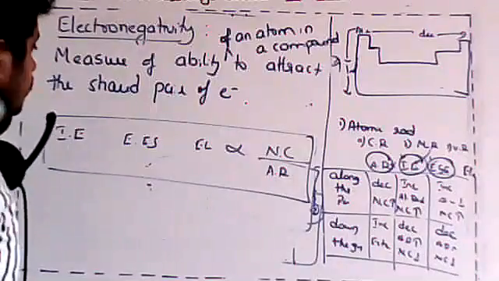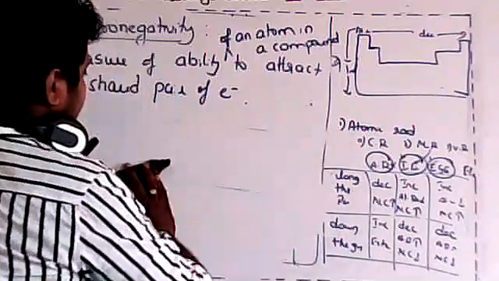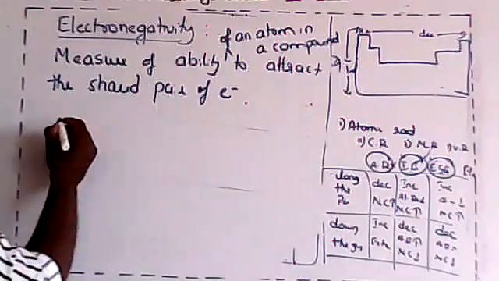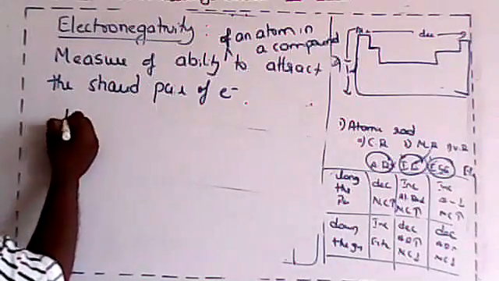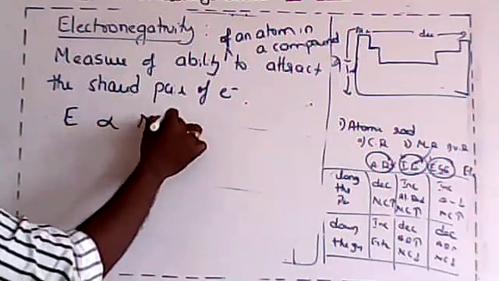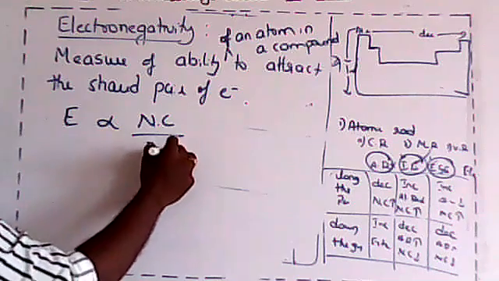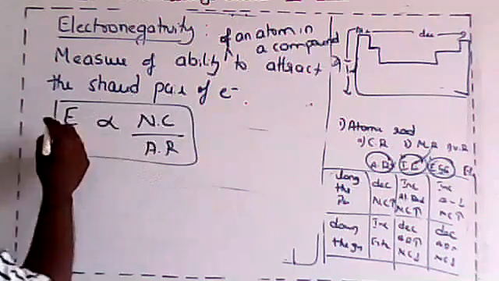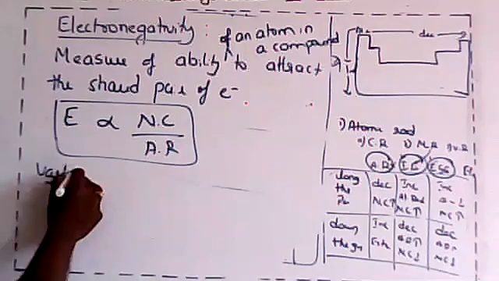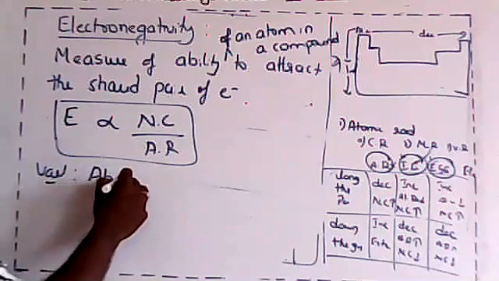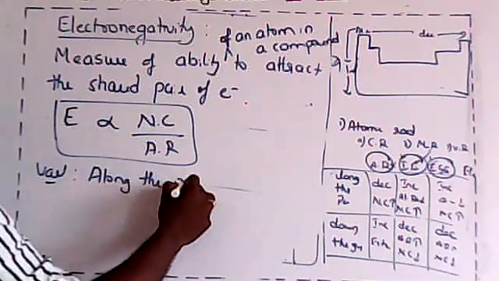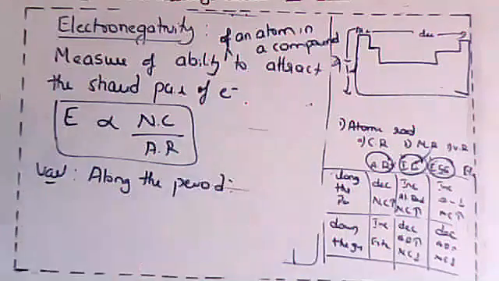Got it? So now you can write: electronegativity is directly proportional to nuclear charge and inversely proportional to atomic radius. Okay, then we can write the variation along the period now. So along the period, dear students, can you complete and tell me now?